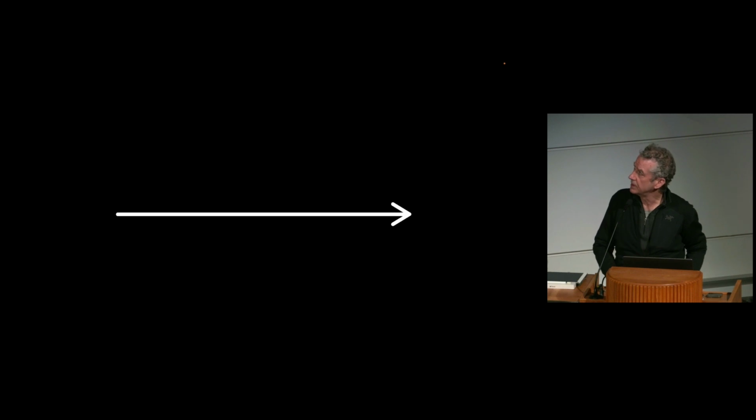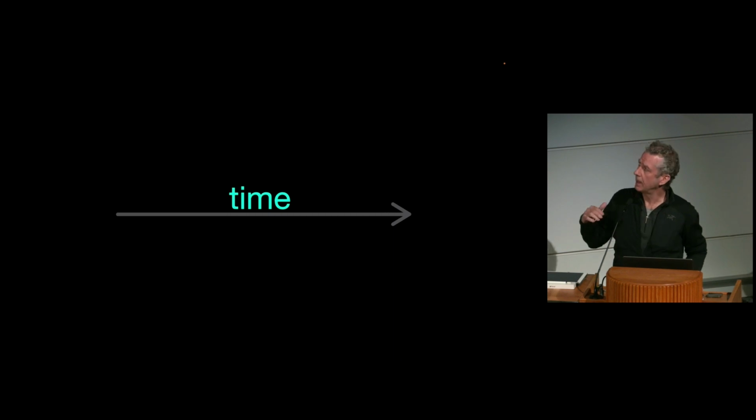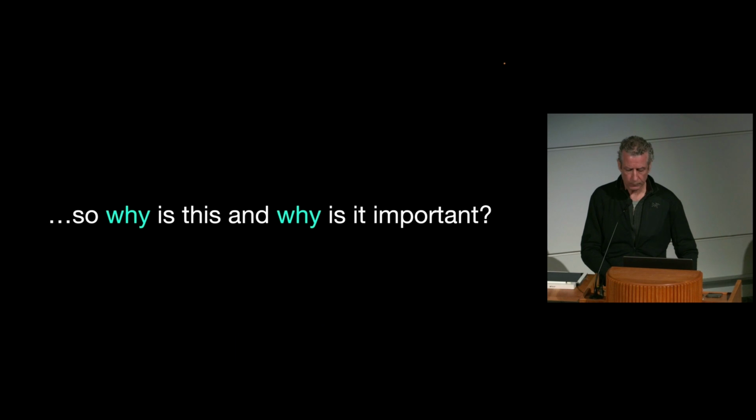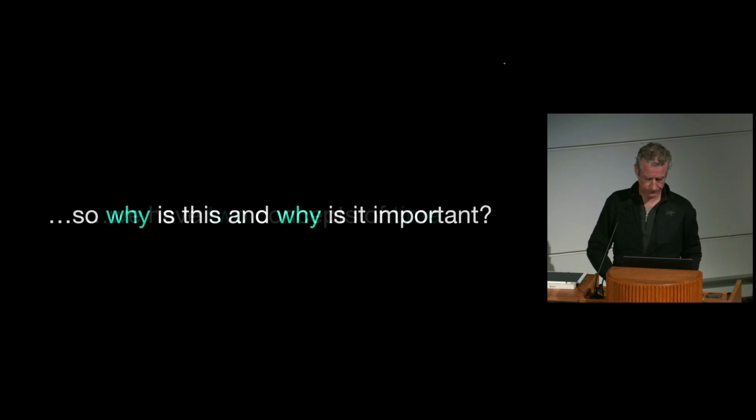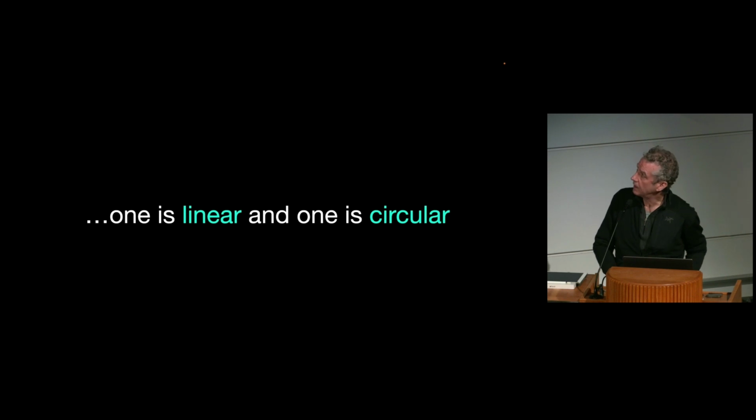So when we look at this versus this, they're both simple visuals of time, and yet one is linear. And obviously one is circular.